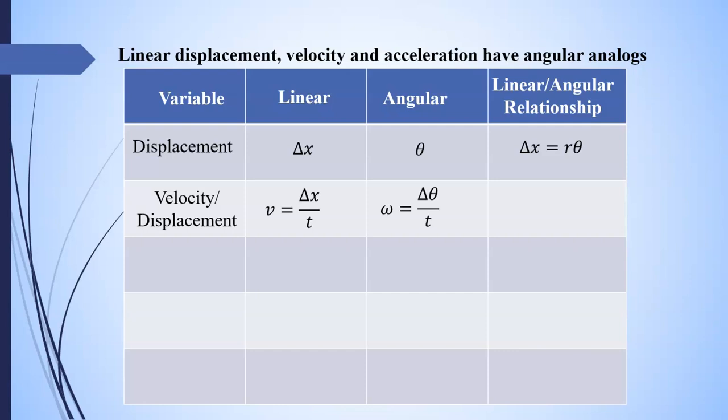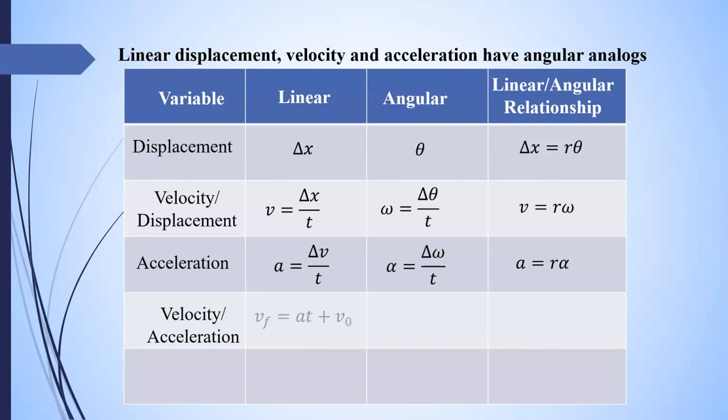It's how many radians around the wheel is going each second. And the relationship between the two is that linear velocity equals angular velocity times the radius. So you're starting to see some patterns here of how these relationships work. Acceleration, linear, the type we've been dealing with all year, is change in velocity over change in time. For angular acceleration, it's alpha equals change in omega over time. And the relationship between the two is linear acceleration equals angular acceleration times the radius.